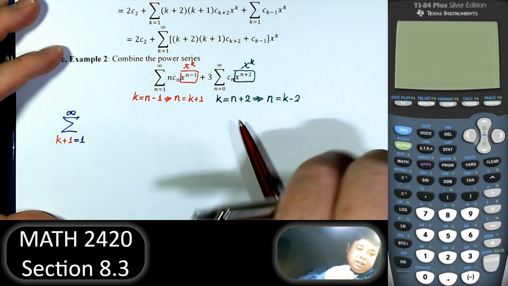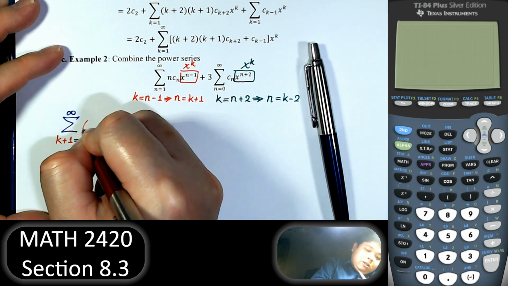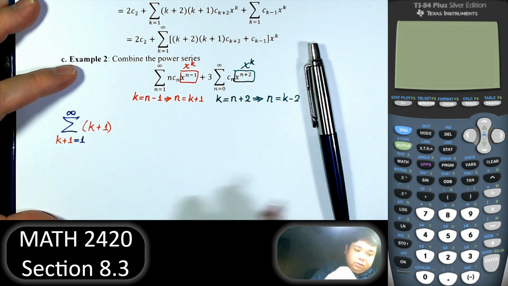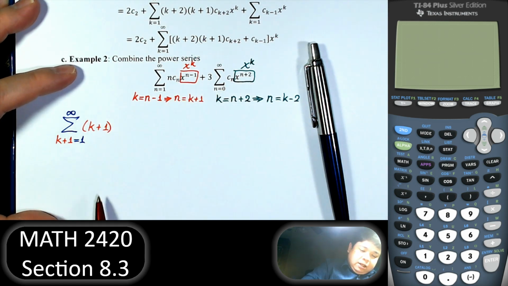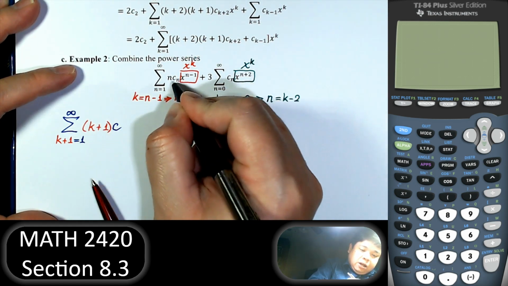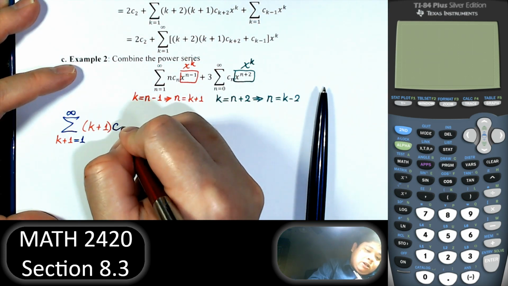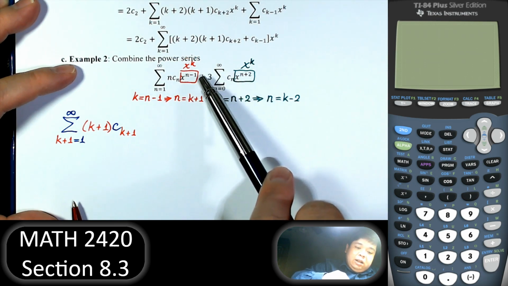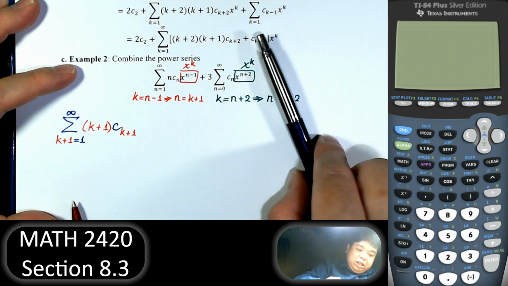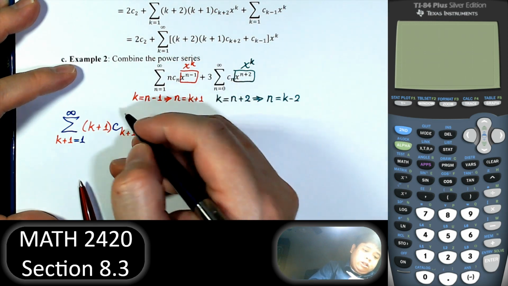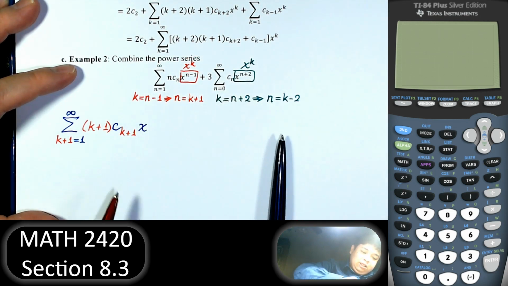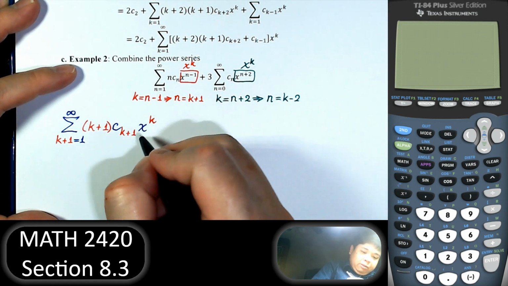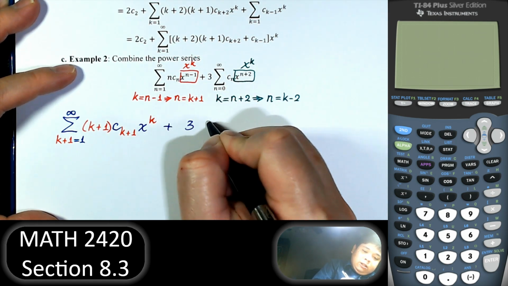Right, n is k plus 1. And then c of n, well, n is k plus 1. x of n minus 1, well, n minus 1 is k. By the way, when we do this, we should have x to the k. Right, now plus 3 summation.